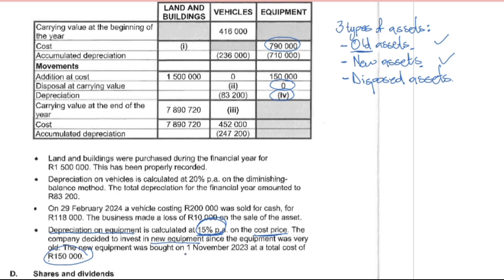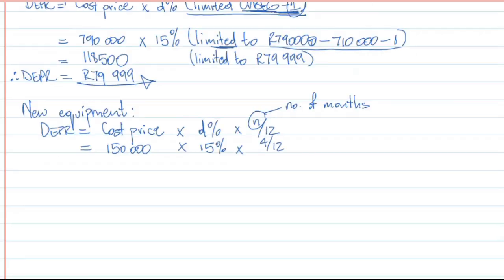The asset has been in our books since the 1st of November 2023. So from 1 November to 29 February 2024 is 4 months. This gives us a value of 7,500 rands as depreciation on the new equipment.